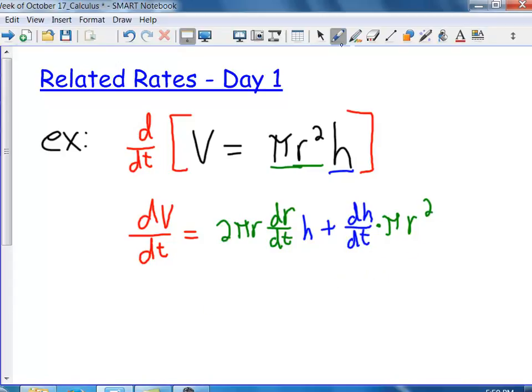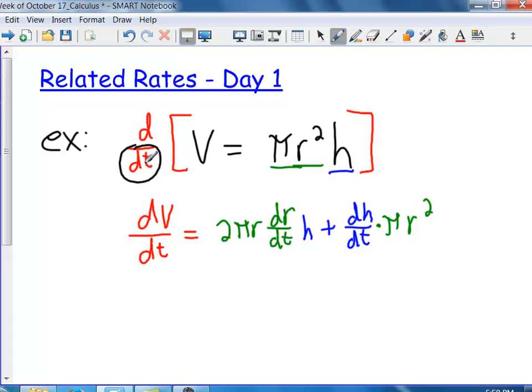A lot of the time we're going to differentiate with respect to time, and we'll see how a lot of different rates, these are all rates like meters per second and feet per minute and liters per hour, are connected. As one rate changes, how does another rate change? But don't worry about the application yet.